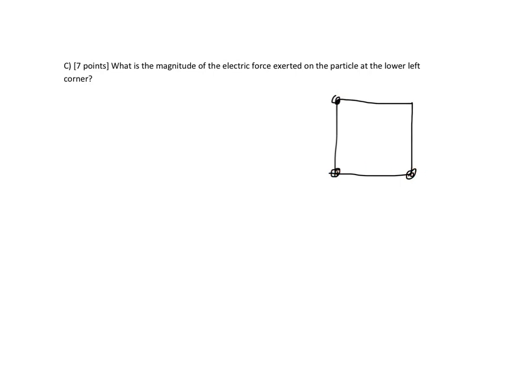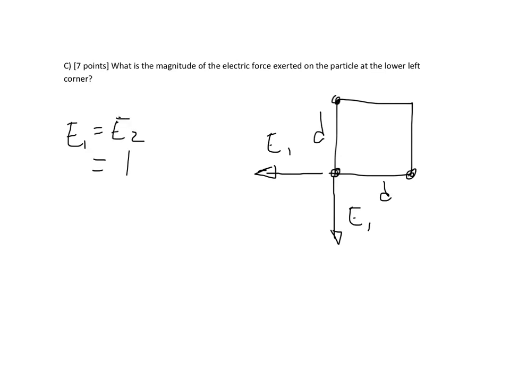I can draw those forces right here, so this can function as my free body diagram. And because all the charges are the same and the distances are the same, the magnitudes of each of these little forces, F1 and F2, are the same. F1 equals F2, and it is equal to kQ squared over d squared.